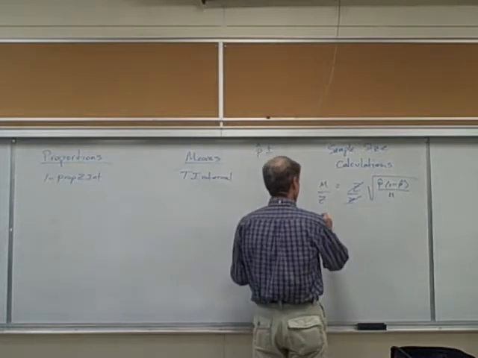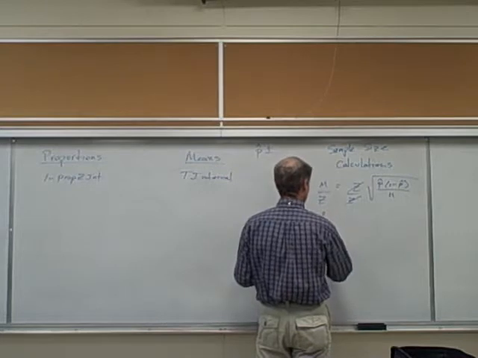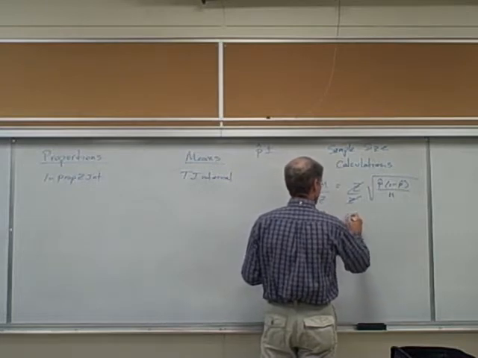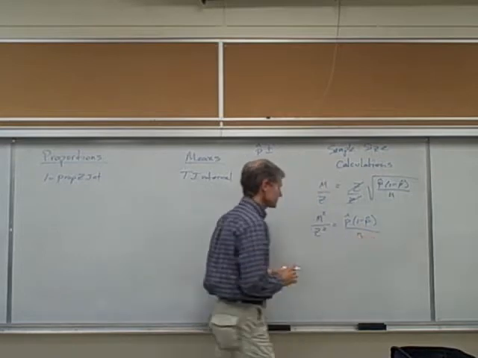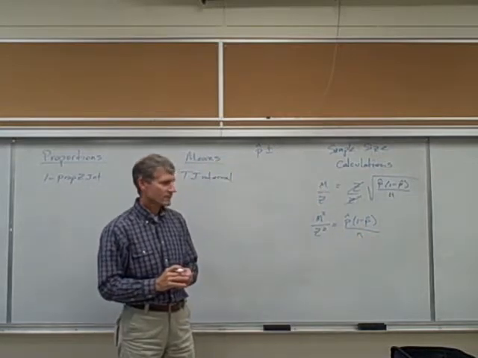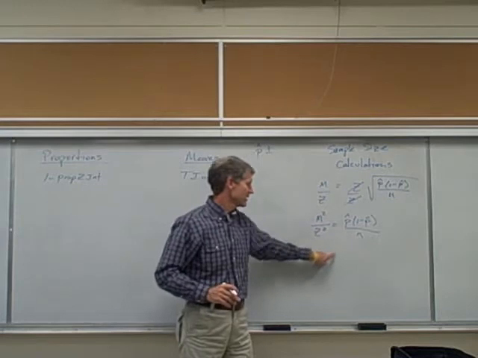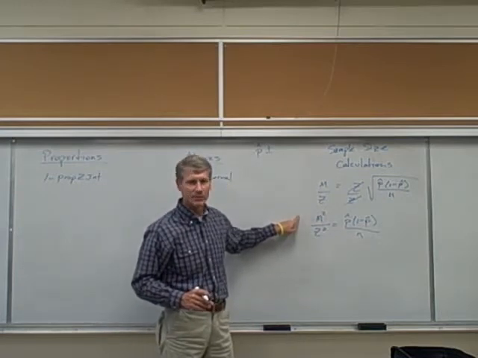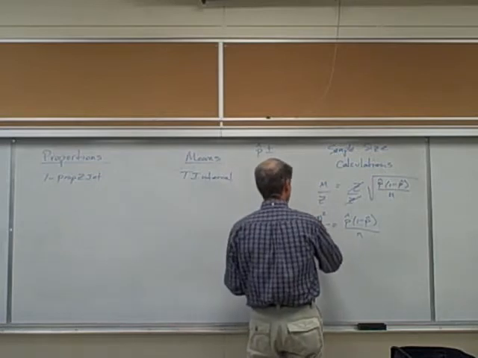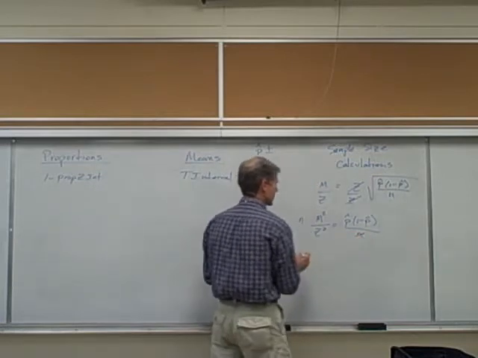So square both sides, and I get m squared over z squared equals p hat times 1 minus p hat over n. Okay? Multiply the n over to here, because it's in the bottom and we don't want it in the bottom. We want to solve for it. So I'm going to multiply through by n and get rid of that.